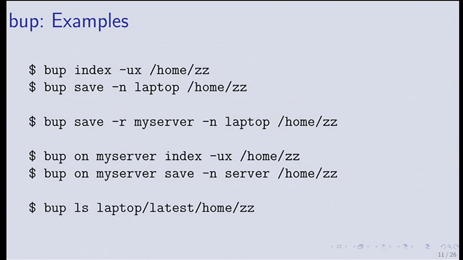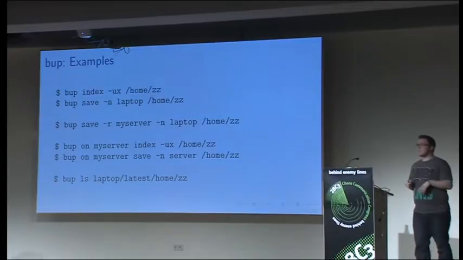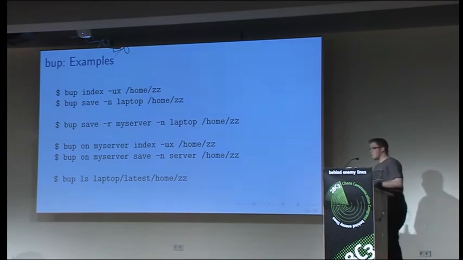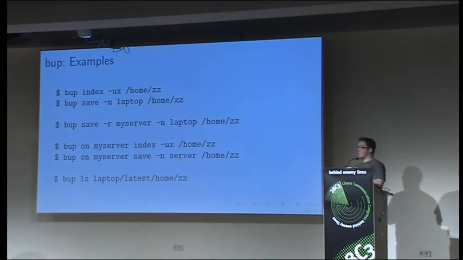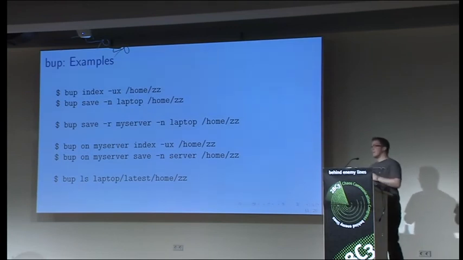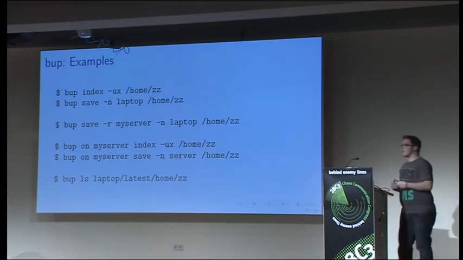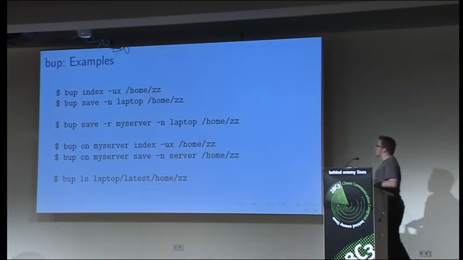Currently, a backup action is done in two steps. First, an index step. The index step traverses the file system, takes a look at every file, and writes it to an index, so you can tell if you need to back it up, or if you have backed it up already.